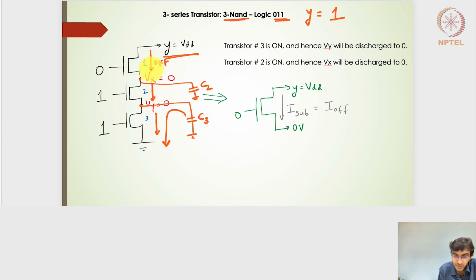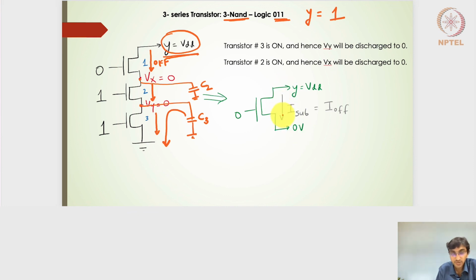Now the question is, what should be the subthreshold leakage current? The subthreshold leakage current will be estimated by this off transistor. Now with these three transistors, we can consider it to be an equivalent of one single off transistor, where one node voltage is connected to VDD, because this is driven by the pull-up circuit for the 3-input NAND gate. And on the other side, the Vx is actually 0 volts.